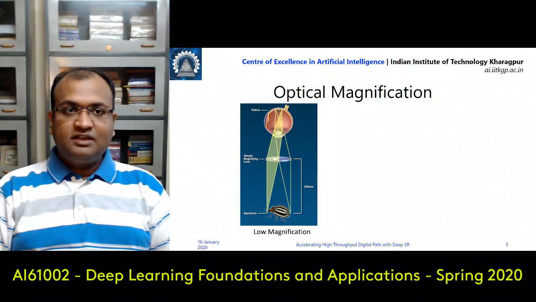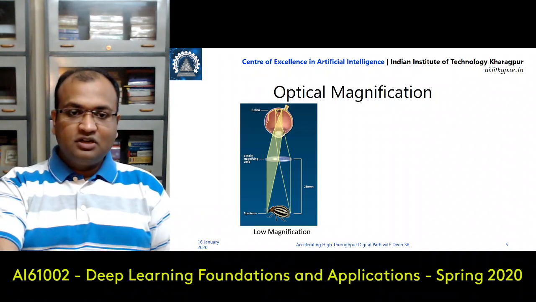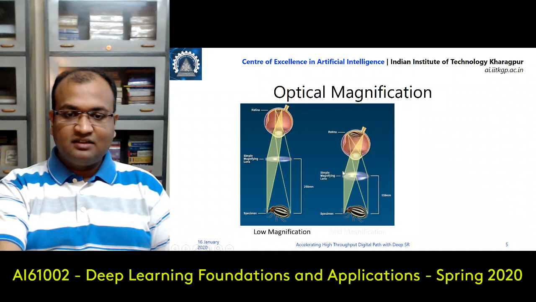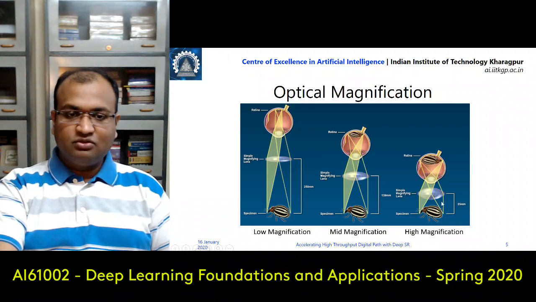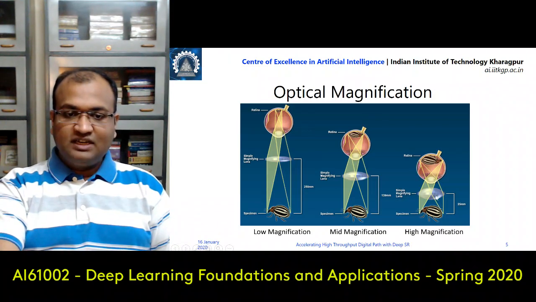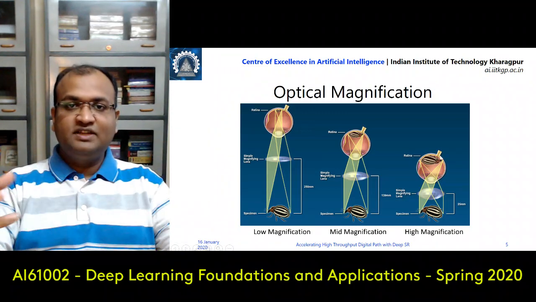Now if I look through this whole process, you will see that as I keep moving this lens back and forth, say the lens is quite close to the object and then comes even closer, the closer the lens is to the object, the bigger the size of the image.